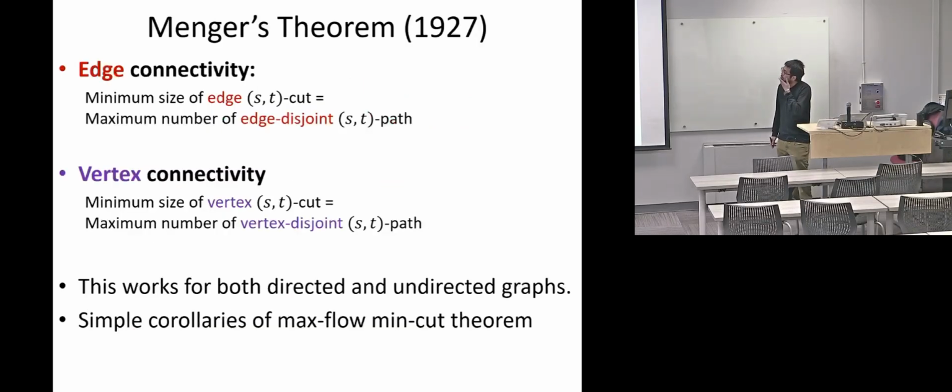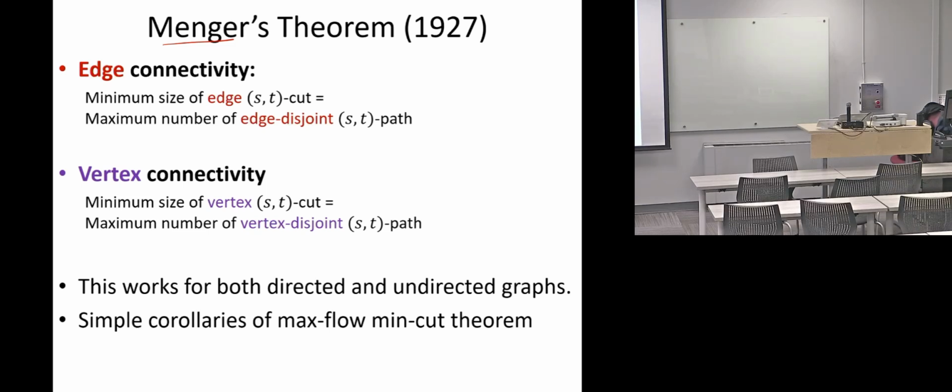So what we showed so far is basically a proof of a really famous theorem from almost 100 years ago now, by Menger. It's really fundamental in combinatorics, which says that the minimum size of an edge cut, the min edge cut, is the same as the number of edge disjoint paths. We know how to compute both of them, one using min cut, one using max flow, but the values are the same.